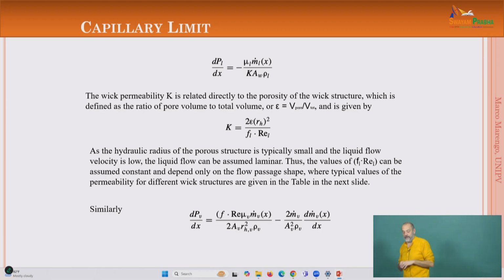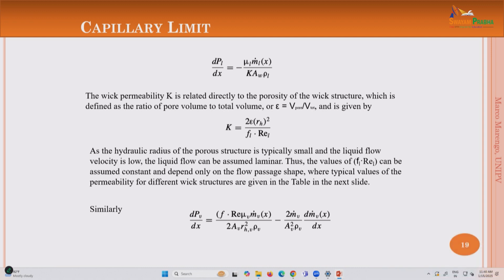And this is the wick permeability, okay? The wick permeability is then not only a question of epsilon, V pore over V total, for example, but is really linked to the fact that we must be sure that there is a connection between one pore and the other, otherwise it doesn't work. This is the so-called wickability.